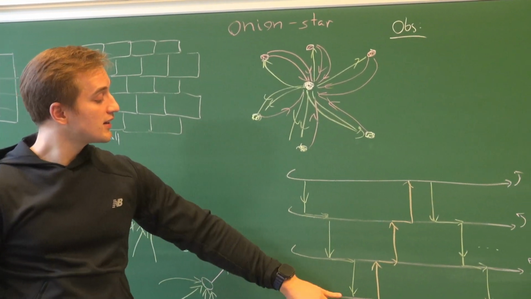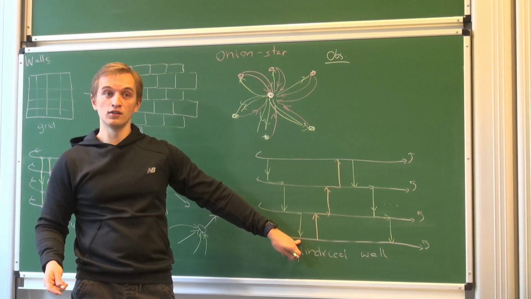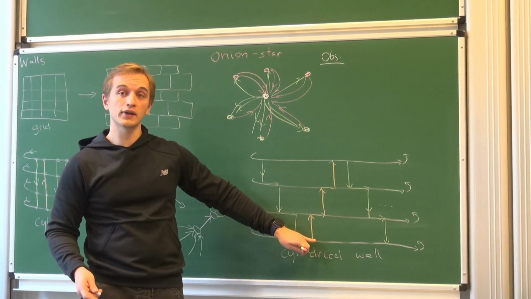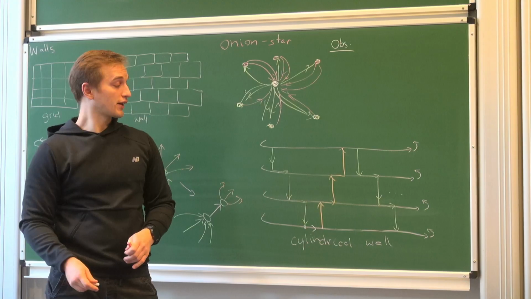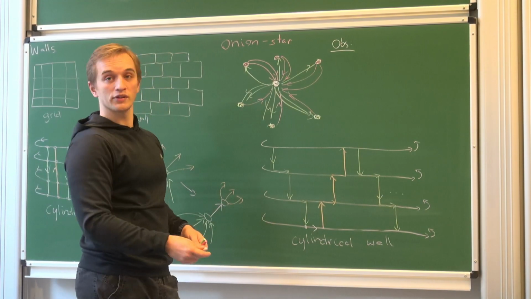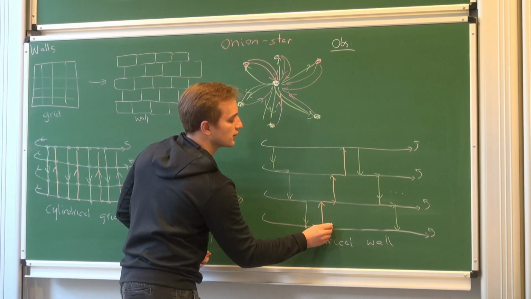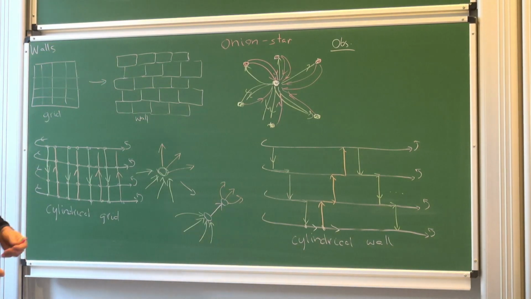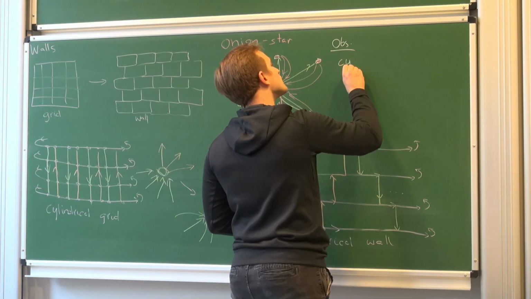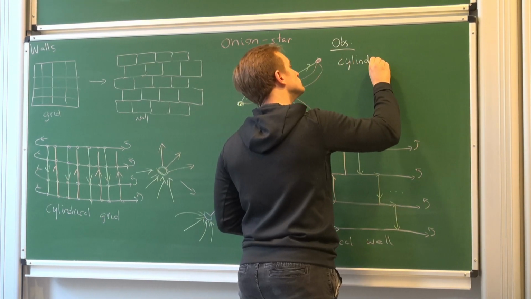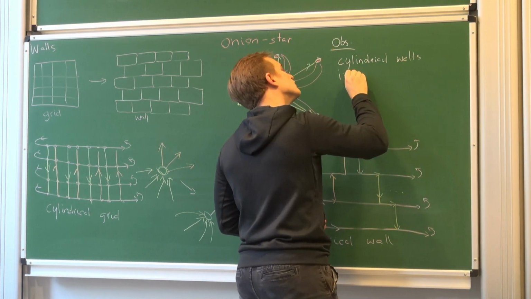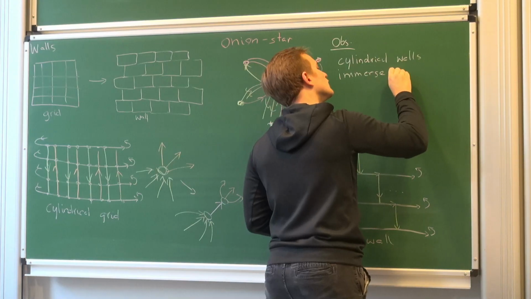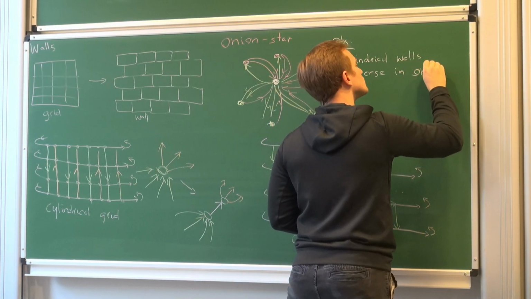Every vertex has total degree 3 and either exactly one outgoing edge, like this vertex here, or exactly 1 incoming edge, like this vertex here. So cylindrical walls immerse in onion stars.